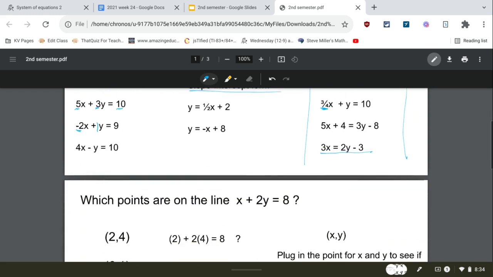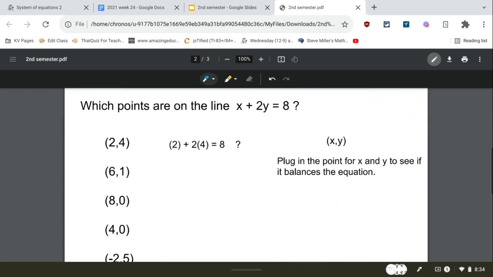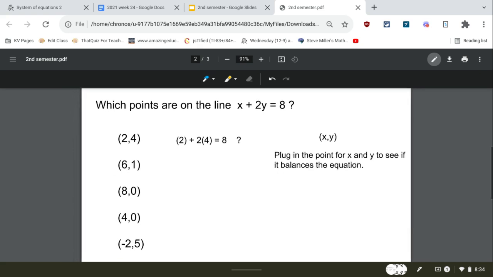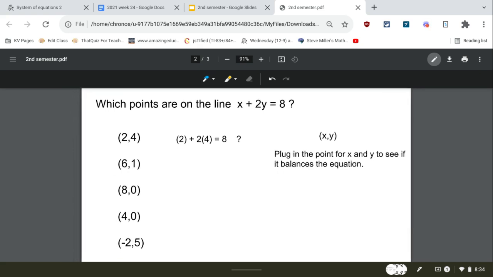All right, let's go ahead and talk about whether or not a point is on the line. A point just represents an xy pair that is a solution to the given equation. And that's all we're going to test out. We're just going to see if (2, 4) will satisfy this equation at the top here.